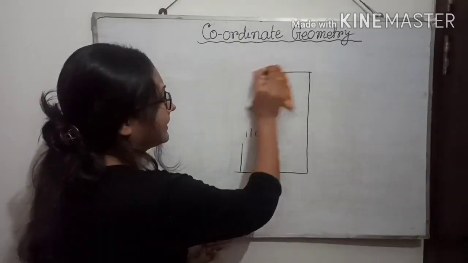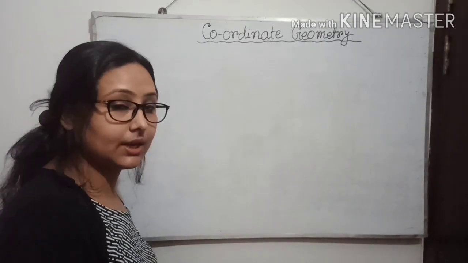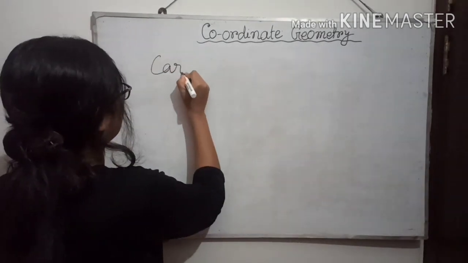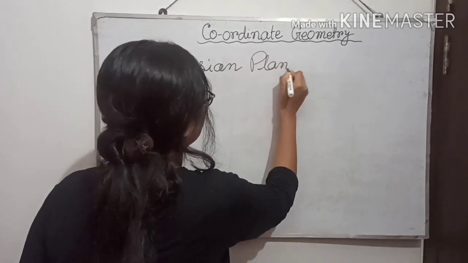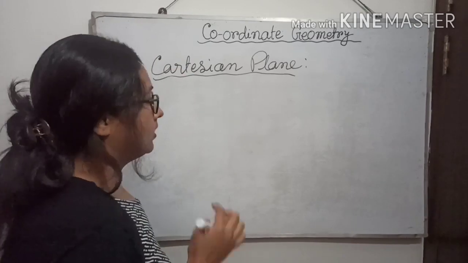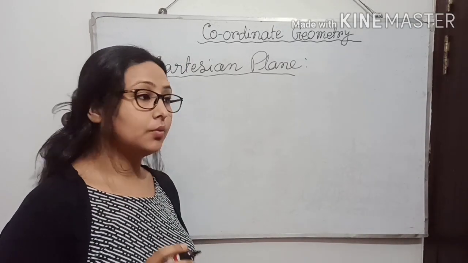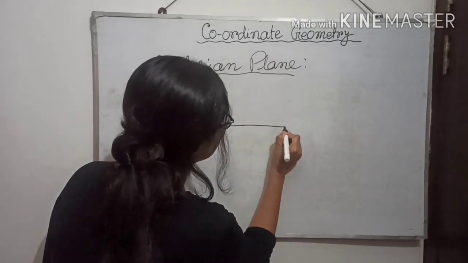So for further discussion we have to understand what the Cartesian plane is. To understand the Cartesian plane, we require two number lines, one horizontal and one vertical.